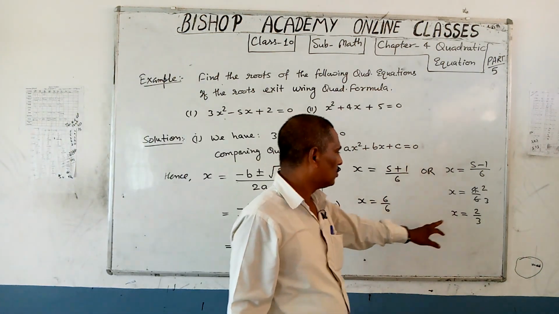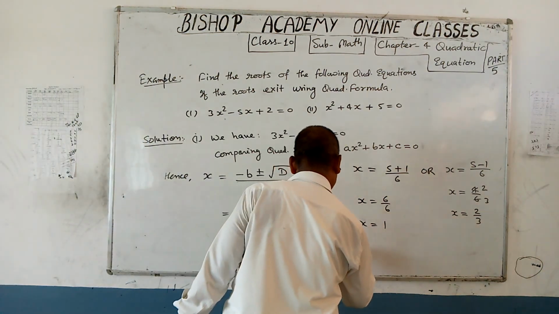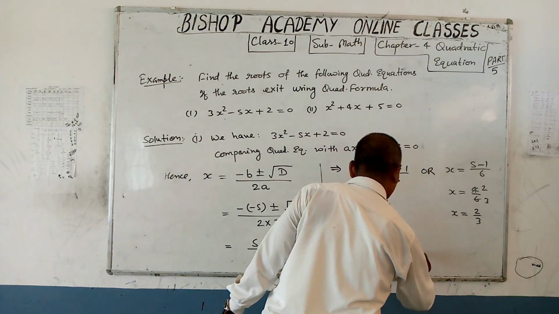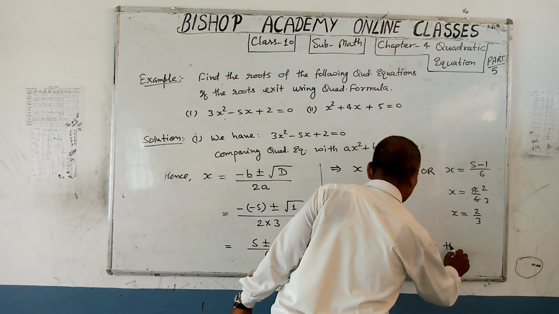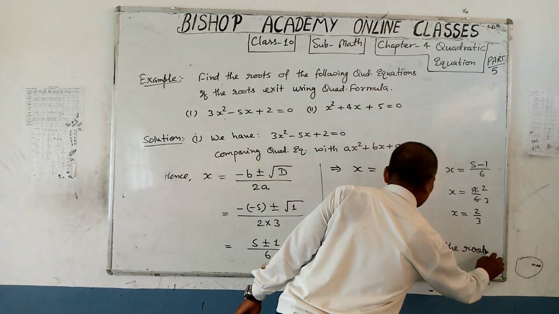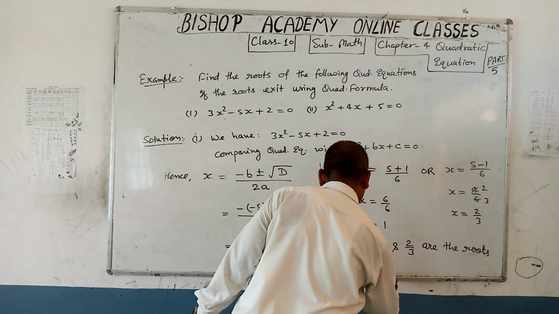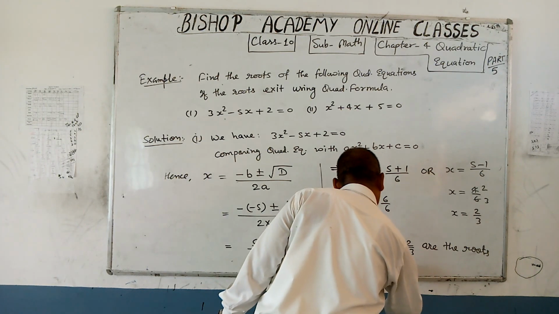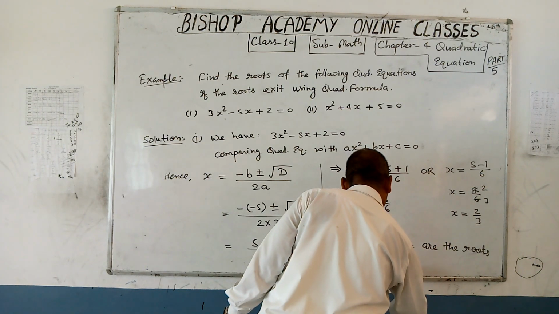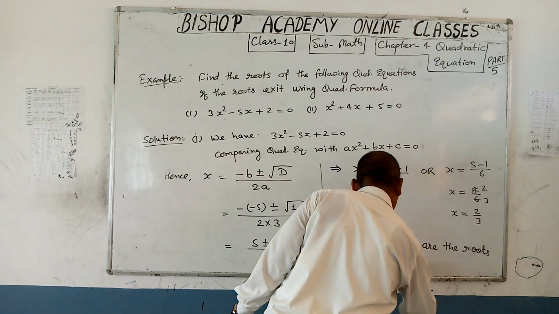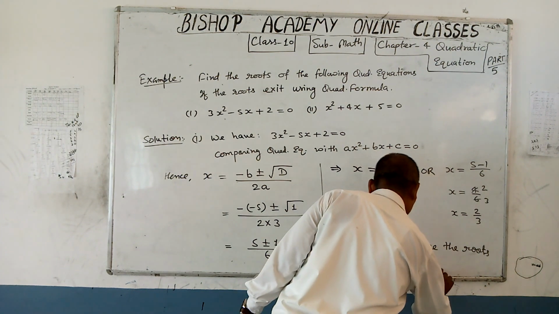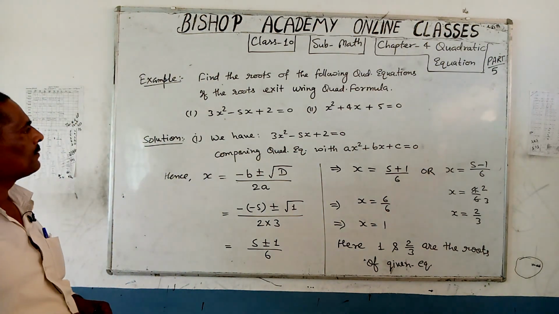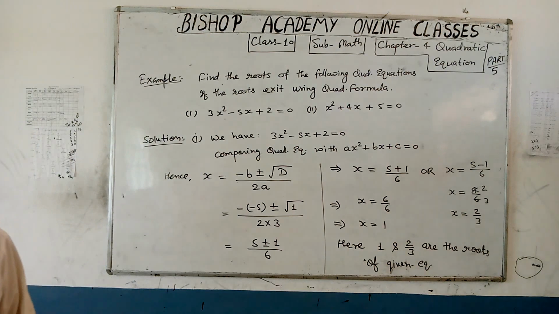So 1 and 2 upon 3 are the roots of the given equation. That's it.